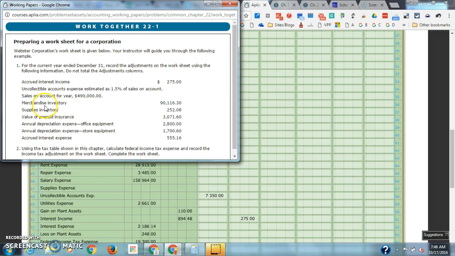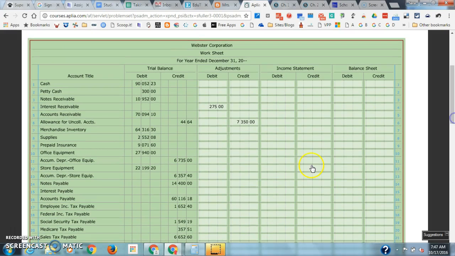Okay, next is our merchandise inventory. For this one, we will take what we have in our trial balance minus this $90,000 to get our adjustment. And so this is up on line 7. Our adjustment will be a debit of $25,800.